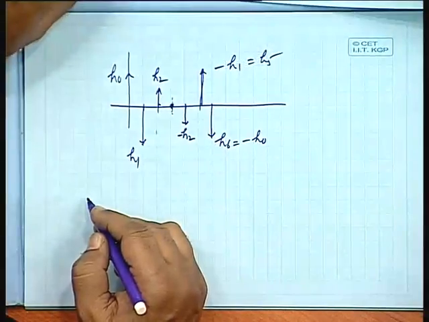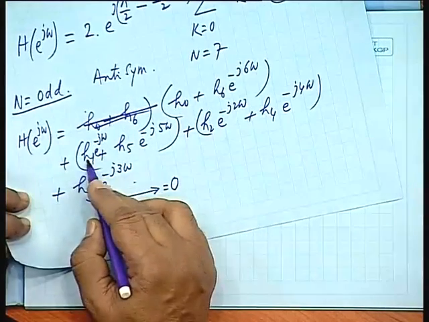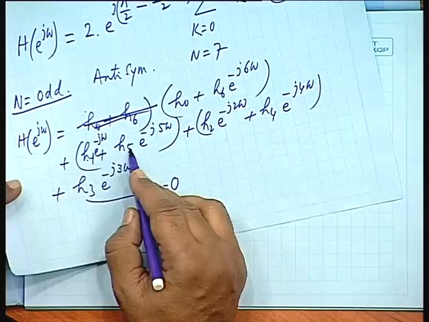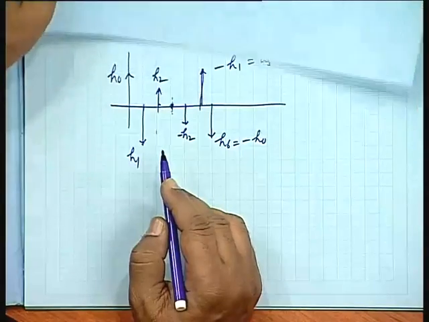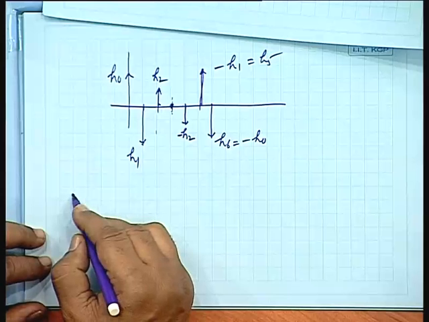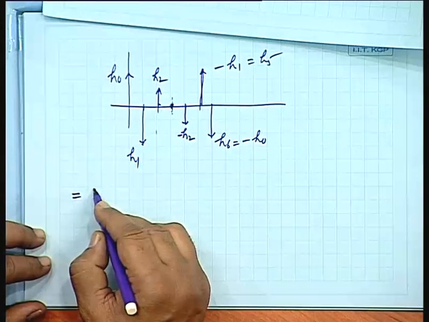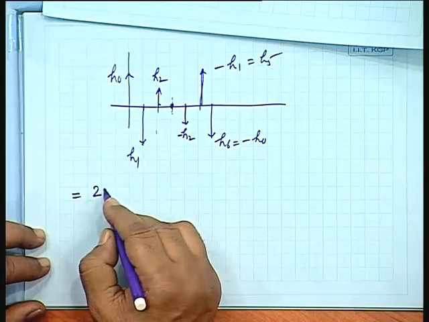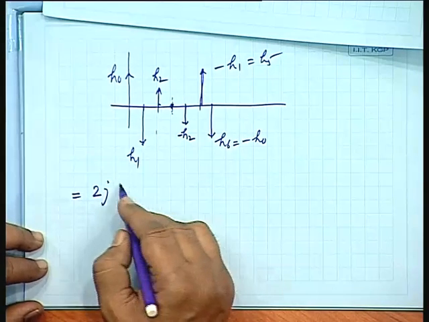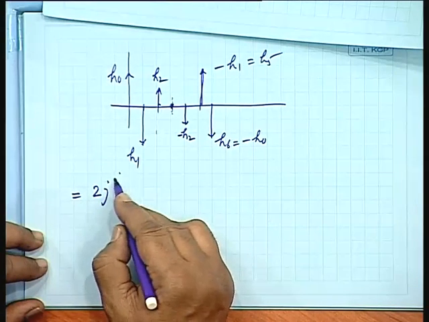So, what will be the sequence sum now? H1 and this is minus H1. So, I can take H1 common and again it is minus, that will generate sine terms. So, if you permit me to write, it will be twice j e to the power minus j.